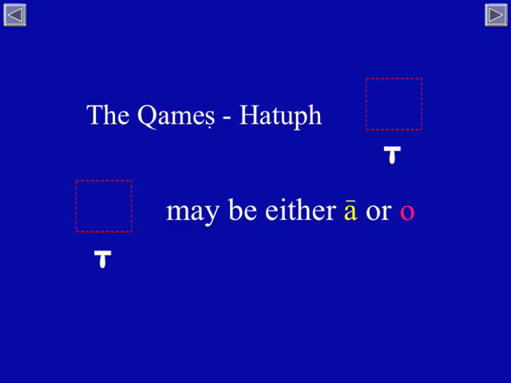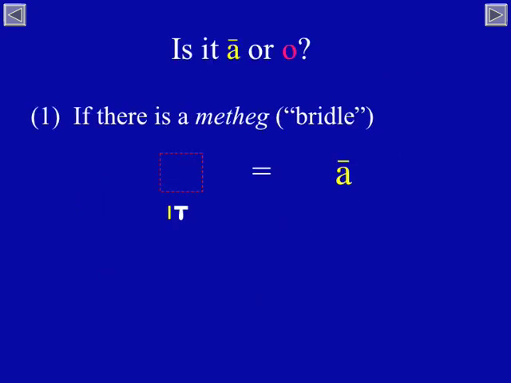You remember the kametz chatuf. When you see a kametz, you don't know whether it's a kametz, ah, or a kametz chatuf, oh. A few guidelines. If the scribe has written this little vertical stroke called a metheg, then that means it's a regular kametz, a long kametz, ah.